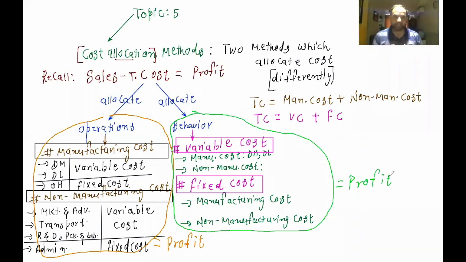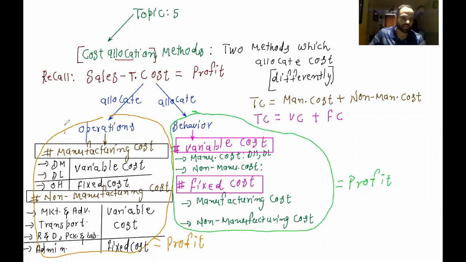We don't call it operations method or behavior method. The words operations and behavior, we use them to allocate the cost, all right? But it has a name. When you use operations to allocate cost to estimate profit, this is called absorption costing, all right?